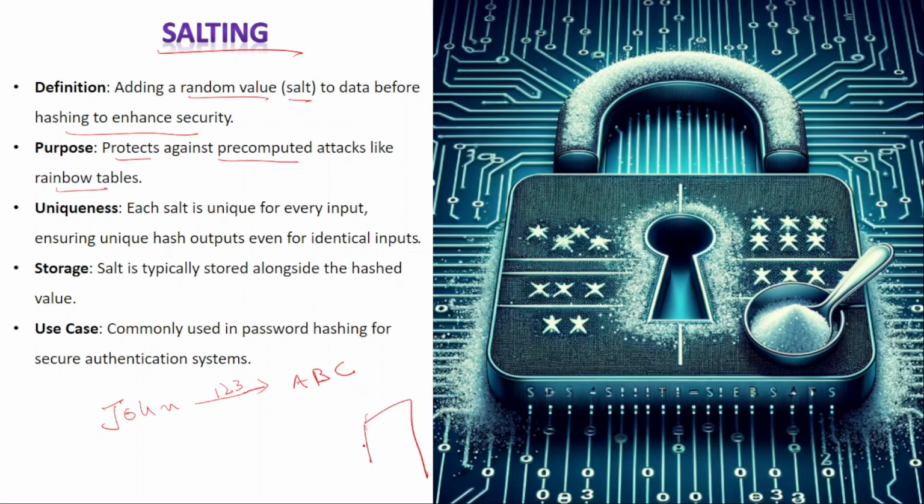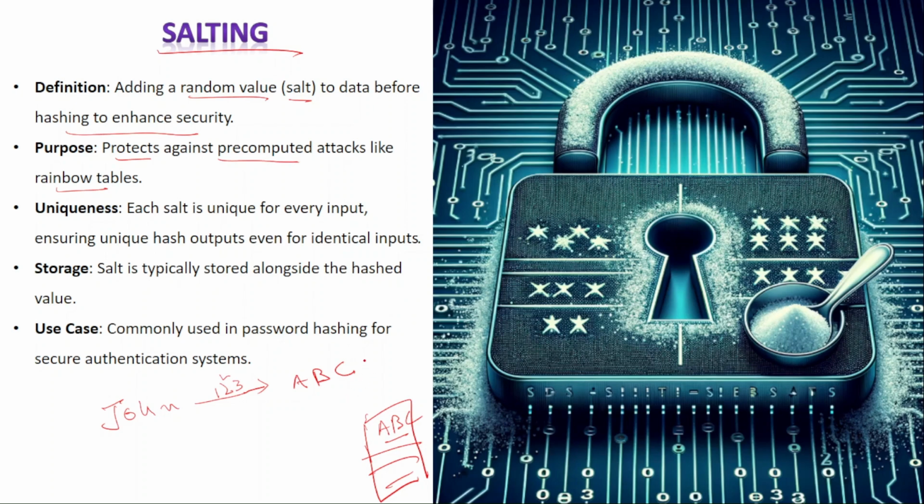It is a table containing all these hashes. It contains ABC for this password and all the popular password hashes. So whenever the attacker wants to launch an attack against a password, he or she does not enter the actual password into the system. He compares the pre-computed hash value with the hashes stored inside the databases.